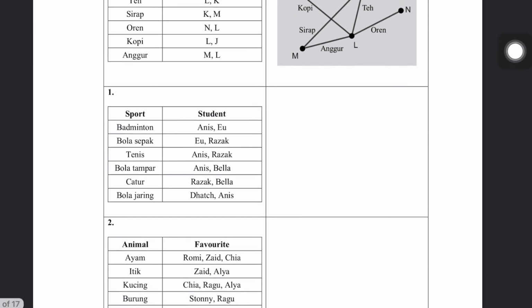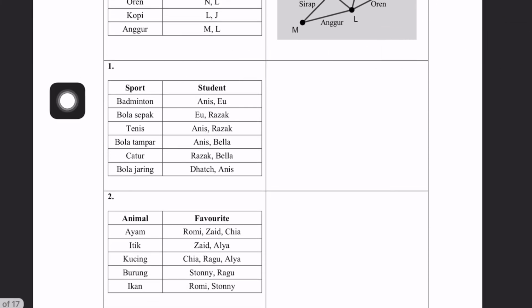Okay, so saya cuba buat nombor 1. Okey, nombor 1 kita ada Anis dan Yu. Okey, so cuba labelkan dulu. So contoh sini Anis, sini adalah Yu. Okey, so Anis dan Yu, apa dia punya connection?